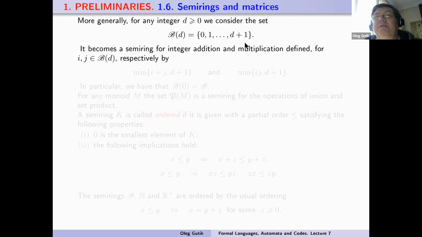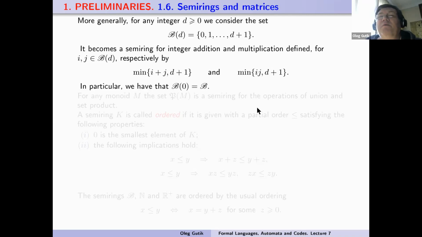It becomes a semiring for integer addition and multiplication defined for i, j from B_d respectively by the following operations: addition is the minimum of i plus j and d plus 1, and multiplication is the minimum of i times j and d plus 1.